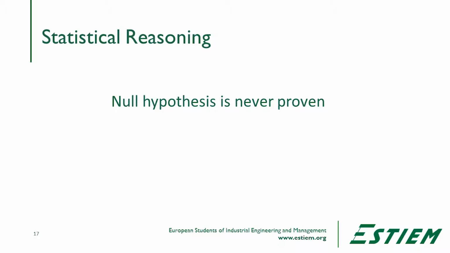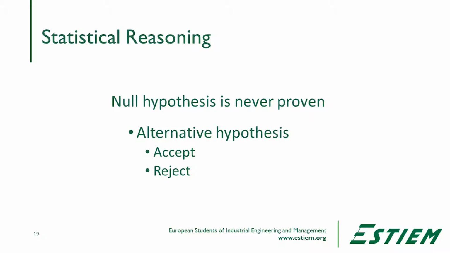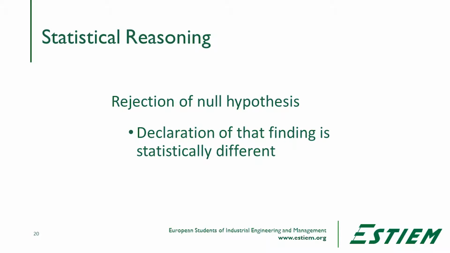We never prove the null hypothesis. We either accept or reject the alternative hypothesis, and in so doing, we elevate the probability that the null hypothesis is true. So, when we reject the null hypothesis, we're declaring that the finding is of statistical difference. It's unlikely to be happening by chance.